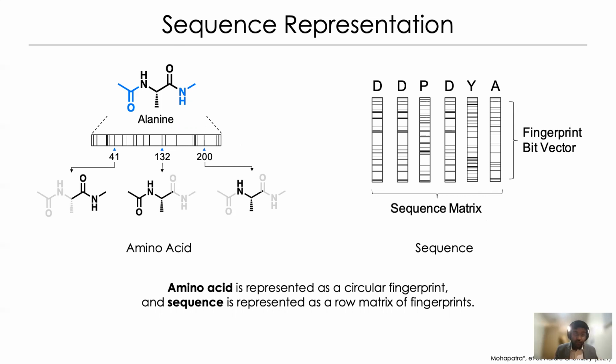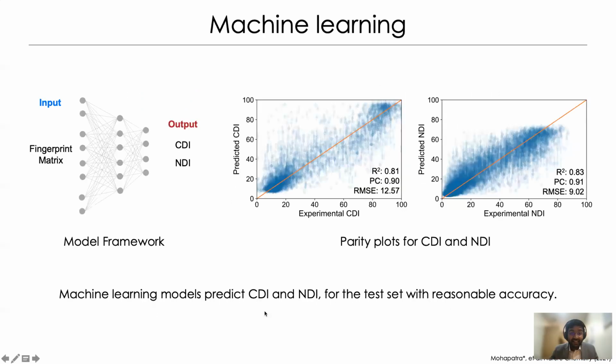This representation is very generalized and global for all sorts of sequences, and can even take amino acids that are not present initially in the training dataset. We use this representation to learn the CDI and the NDI. So this is the general model framework that we have, where the input is the fingerprint matrix, and we are trying to learn the CDI and the NDI.